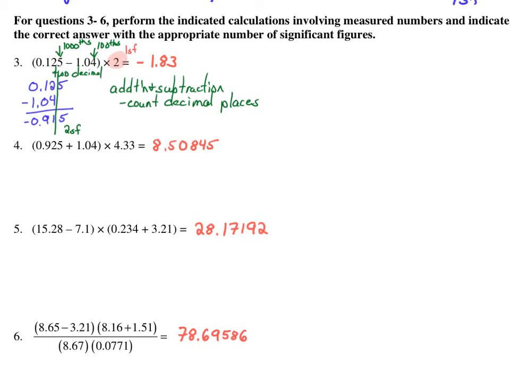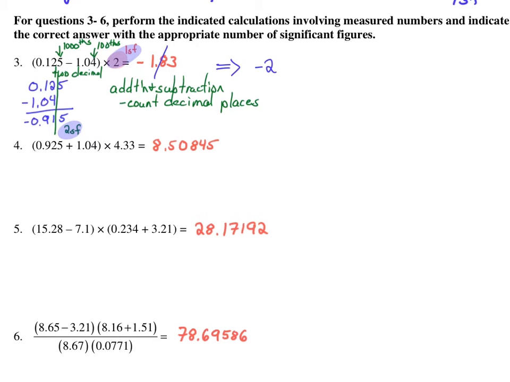So when we look at the numbers that lead into our final result, we have a number in which 2 Sig Figs are justified, and a number in which 1 Sig Fig is justified. So we're limited to the least number of sig figs. Our final answer can only justify one sig fig. So our final answer is expressed as -2.